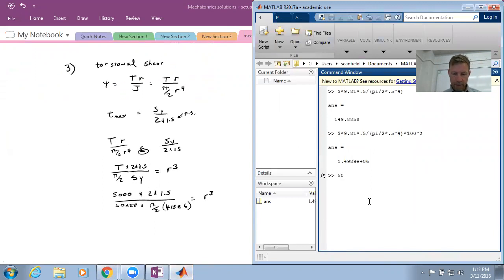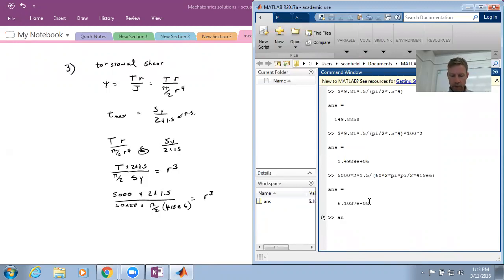So I get 5,000 times 2 times 1.5 divided by the quantity 60 times 2 times pi, divided by 2 times 415 times 10 to the 6th. I get that number.